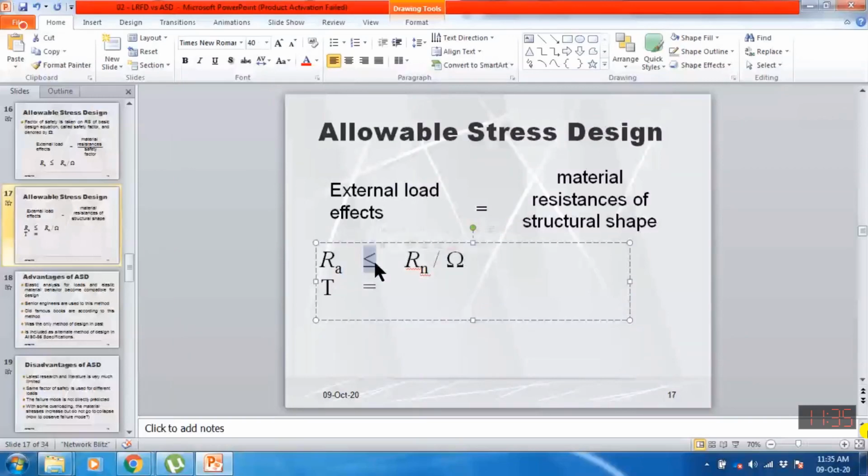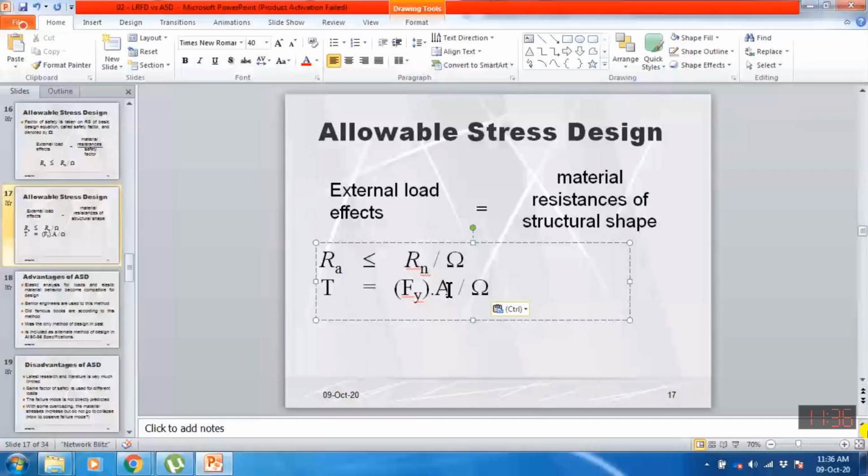In case of tension, this Rn will be equal to Fy into cross-section area, and then it will be divided by omega. Where does this Fy come from? Just assume that T over A is equal to Fy, and then it is divided by omega. T is the applied tensile load, and Fy into area is the resistance offered by the material whose cross-sectional area is A.